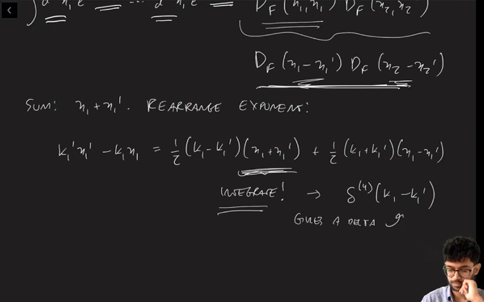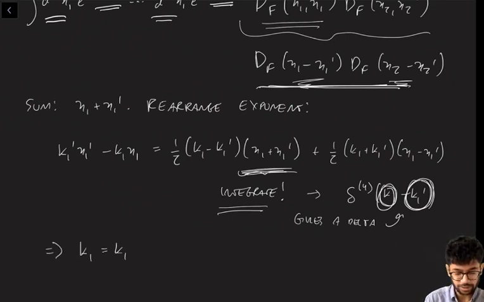But what does that mean? If you think about it, this means that the incoming momentum k1 is equal to the outgoing momentum k1 prime. So that actually implies that k1 is equal to k1 prime, which means that actually there is no scattering happening here.